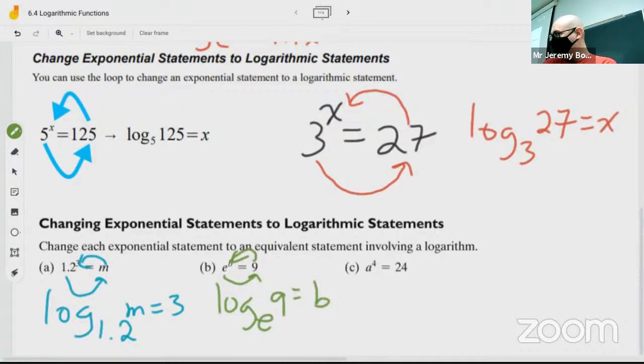Ln. Natural log or ln of 9 is equal to B. Since it's log base E, log base Euler's number, we can write it as a natural logarithm of 9.